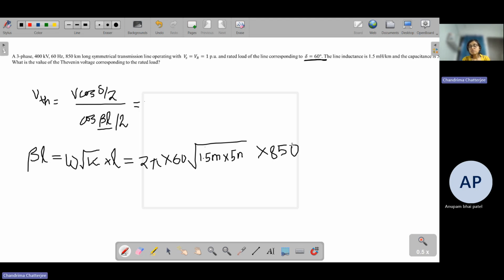This value will come in radian. So can you please calculate and tell what will be beta L? Just replace all the values.